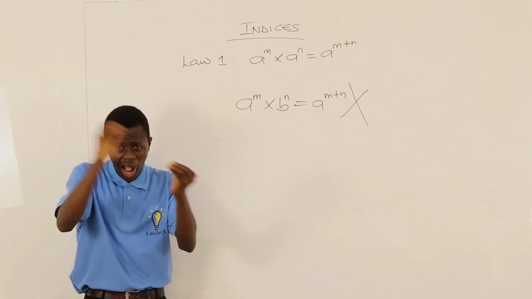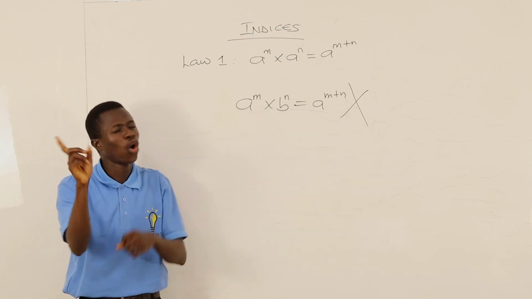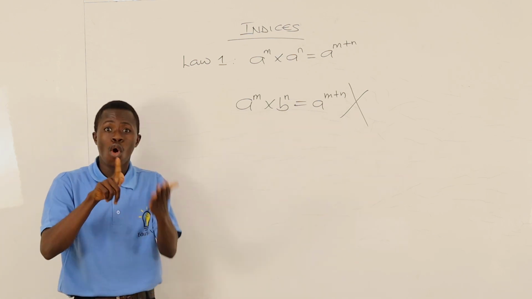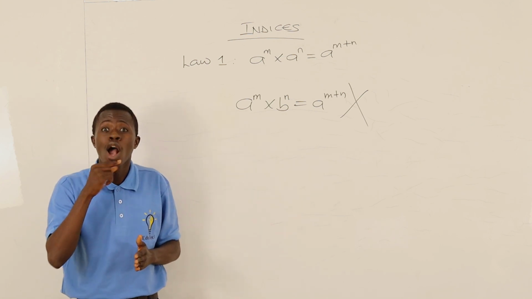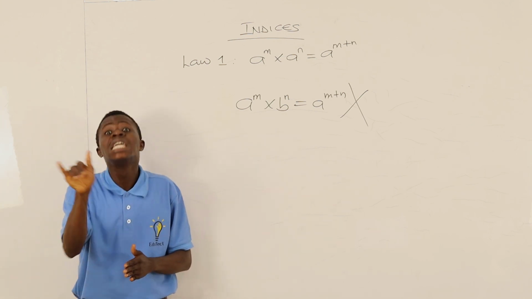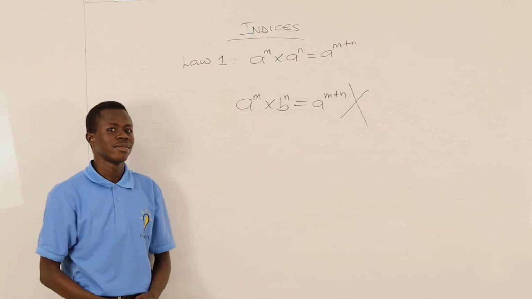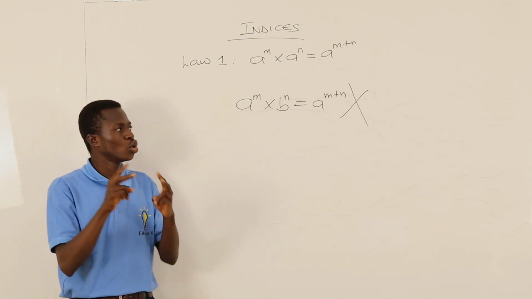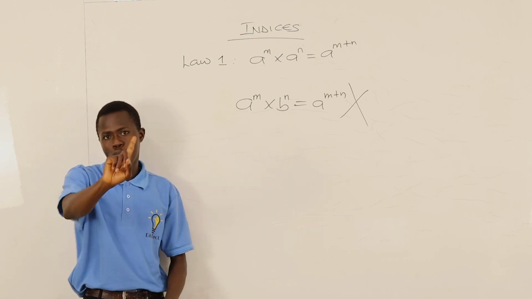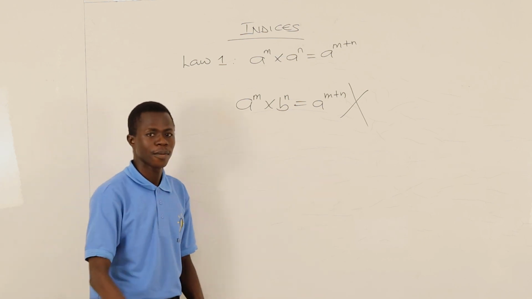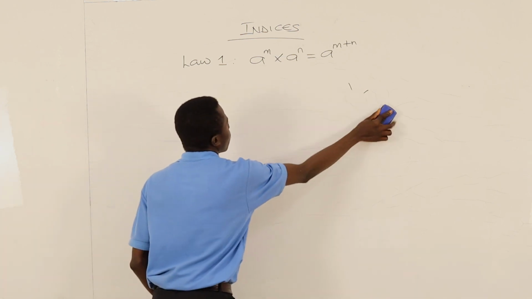That is because the bases are different. We have a and b as our bases, and it cannot be accurate. So always the bases must be the same before we can apply the law. So this particular one would be incorrect.